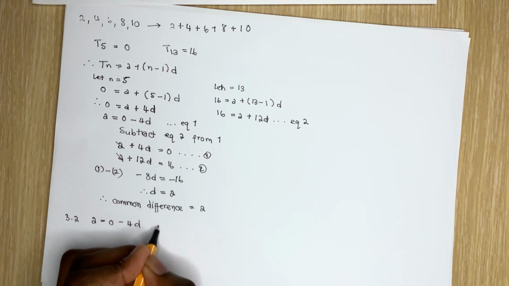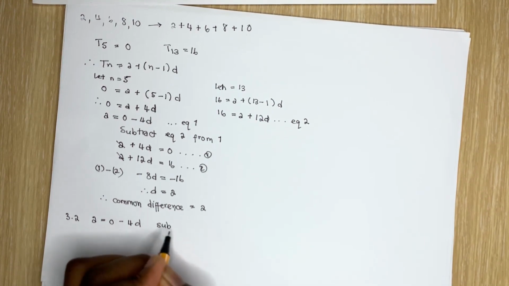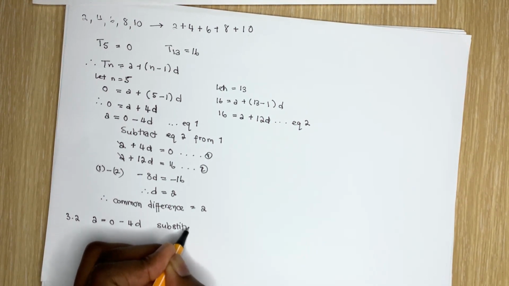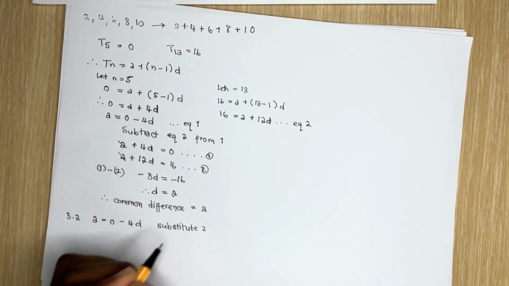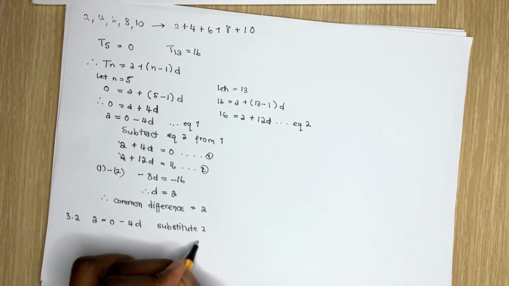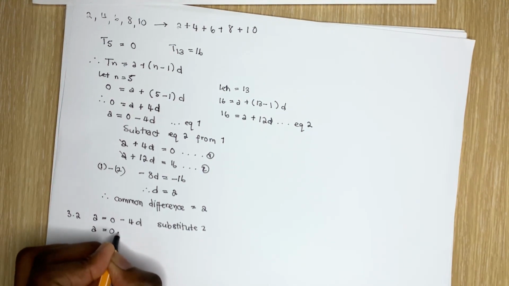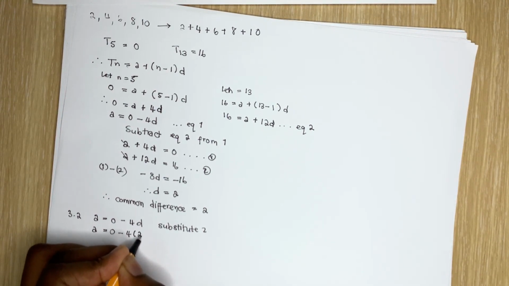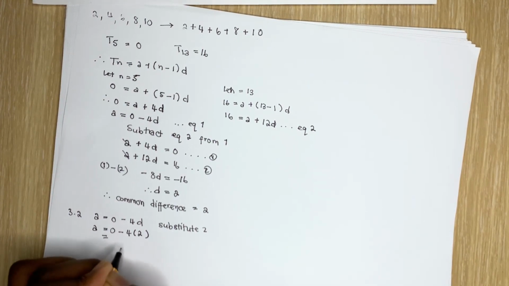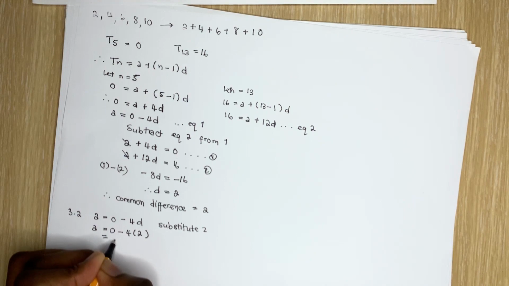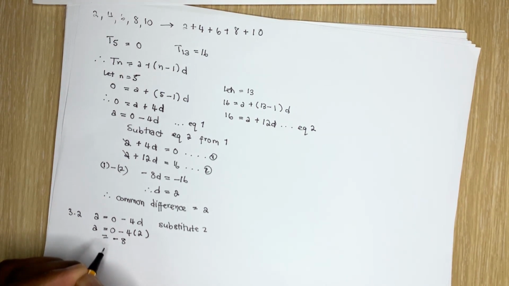Now we substitute 2, because you know that d equals to 2, so A equals to 0 minus 4 times 2, which equals negative 4 multiplied by 2, that is going to give you negative 8.